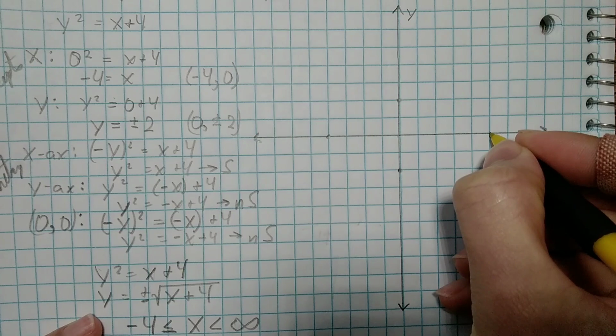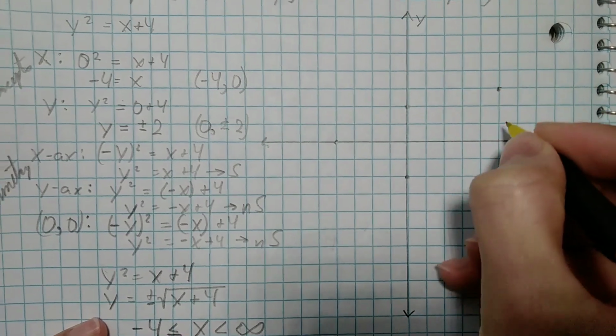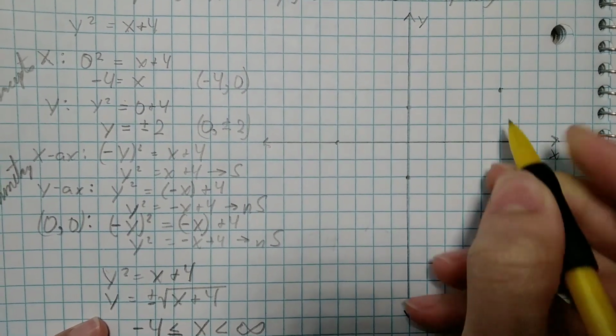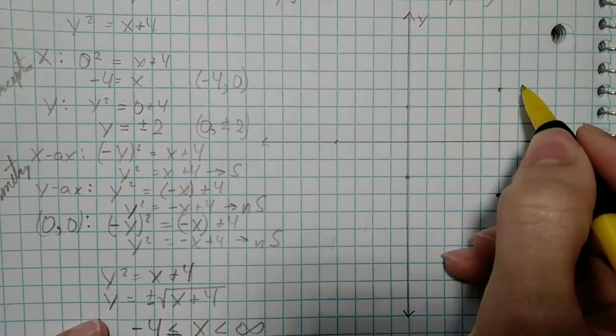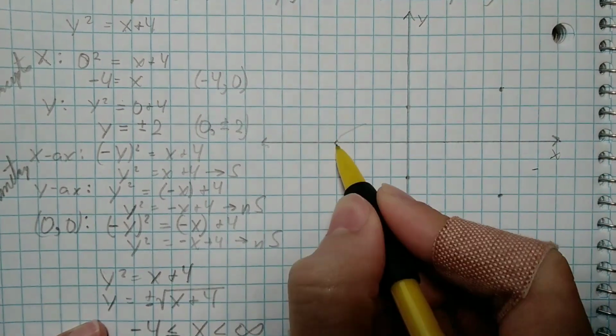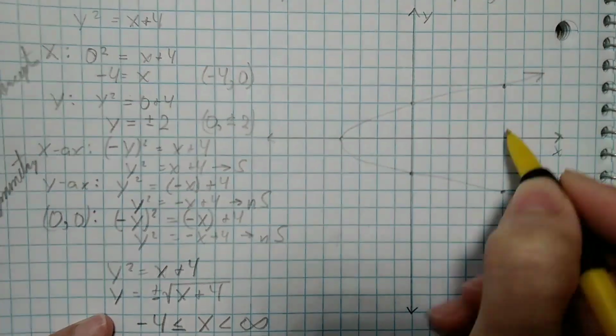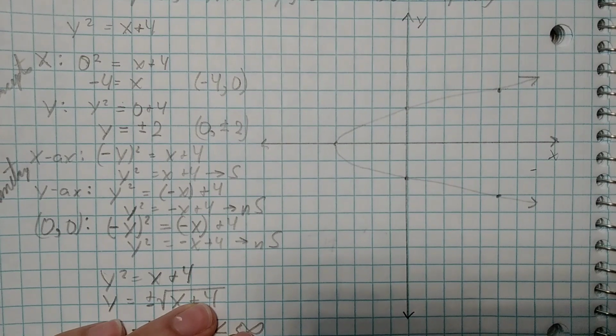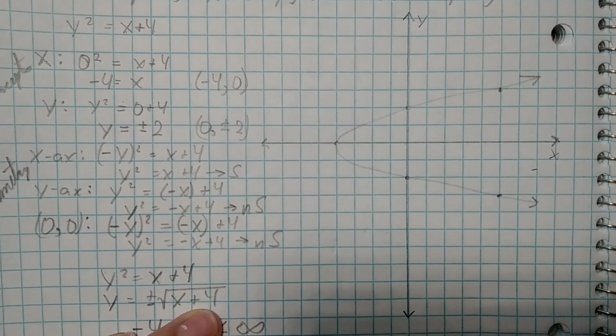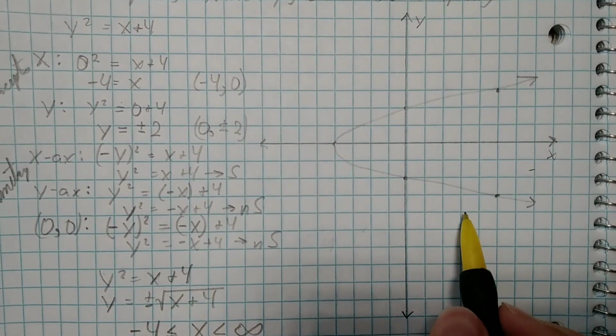And then I go up 3, positive 3, negative 3. You can see this is going to be symmetrical to the x-axis. And I'm using one value per block, so I can draw. So that's how it would look on the graph. That's how the graph would be.